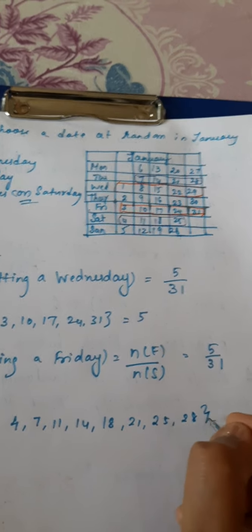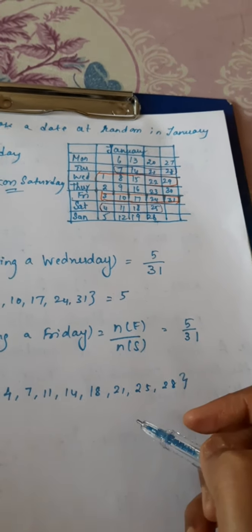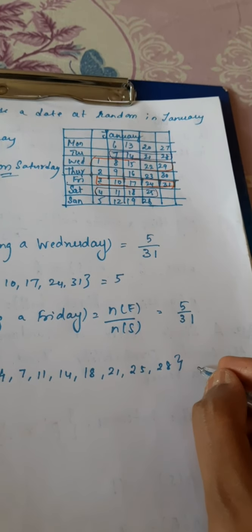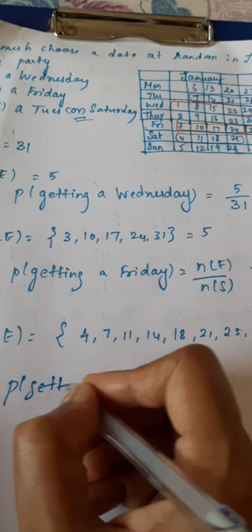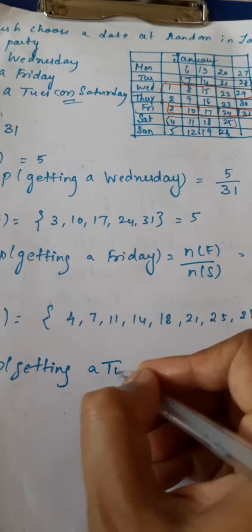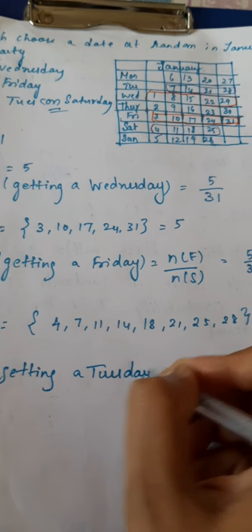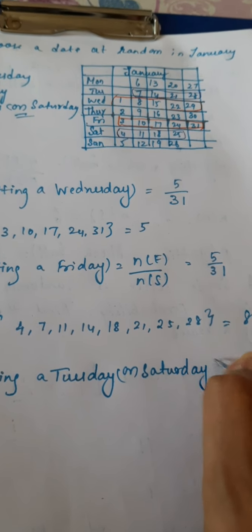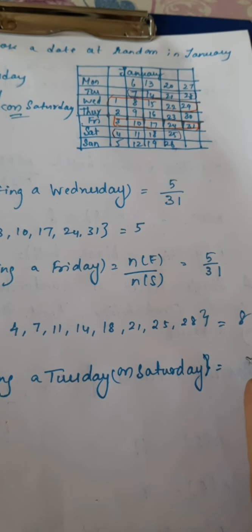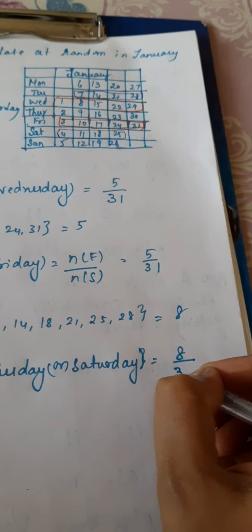So if you count them in total, they are 8 in number. So the probability of getting a Tuesday or a Saturday is equal to 8 by 31.